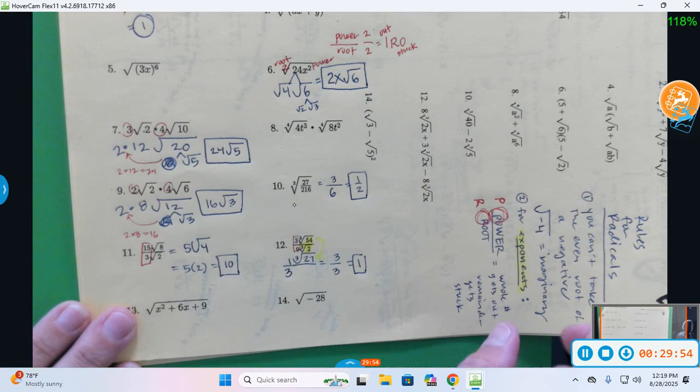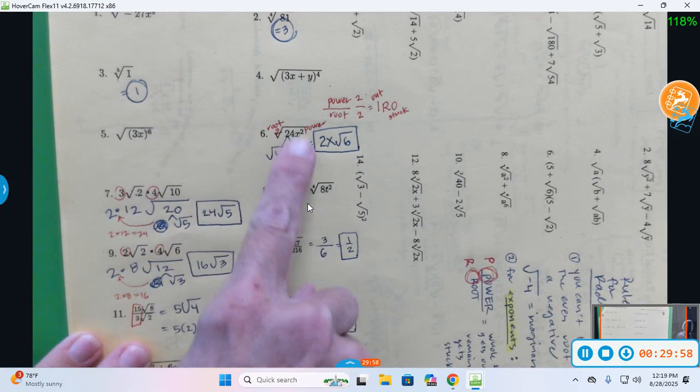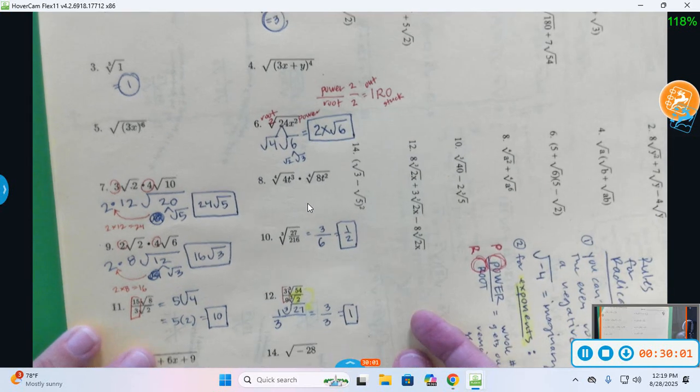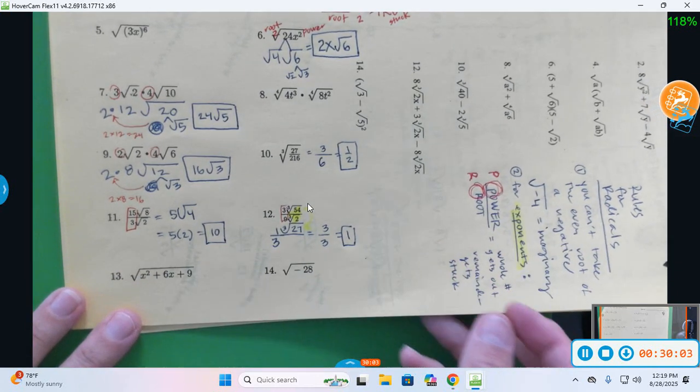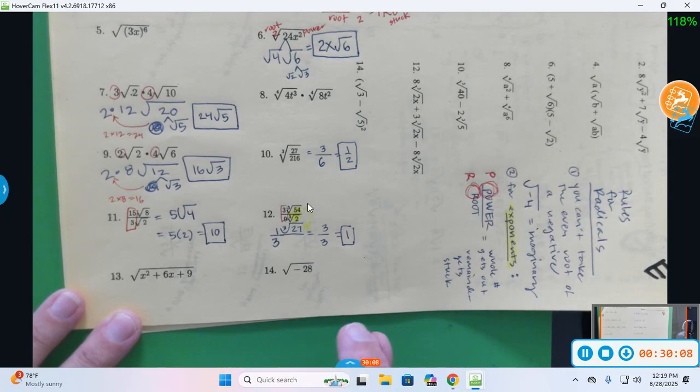I'm sorry, we did these up here. 2 and 3, those are simplified. So 2, 3, and 6, we simplified. There was no operation to be performed. 7 and 9, what would you say we did there? What operation was in 7 and 9? Multiplication. So we've done simplify, we've done multiply, and then these last two we divided.